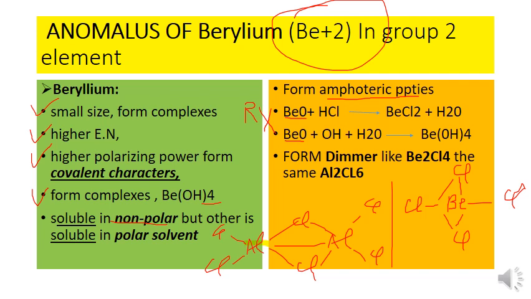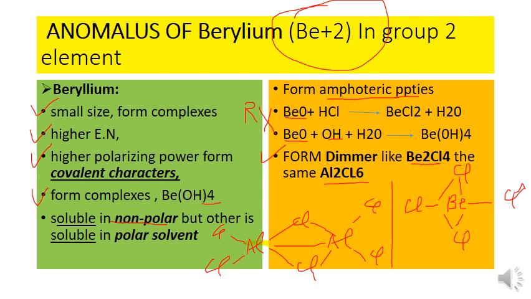Here it acts as an acid because it reacts with a base. Those are the complexes. It also forms a dimer, like aluminium. Those are the anomalous properties of beryllium in group 2.